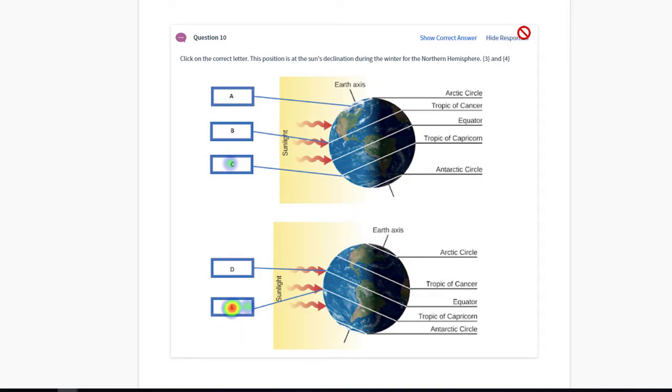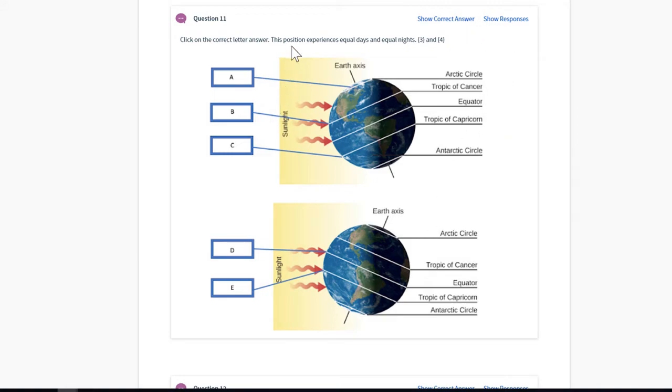Most of you chose the correct letter E. Some people chose the wrong letter, because you chose the wrong season. In this part it is summer, so the subsolar point is in the Tropic of Cancer. The subsolar point is going to be in the Tropic of Capricorn when you have summer in the southern hemisphere. So the correct answer is letter E.